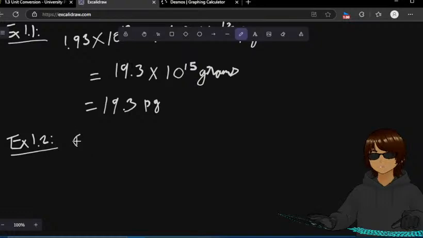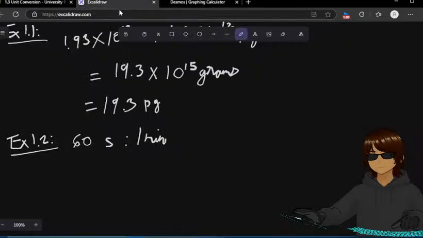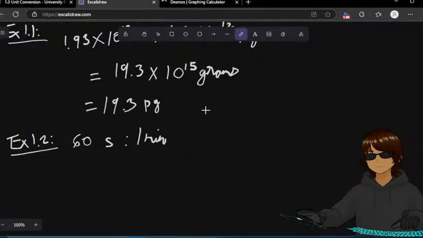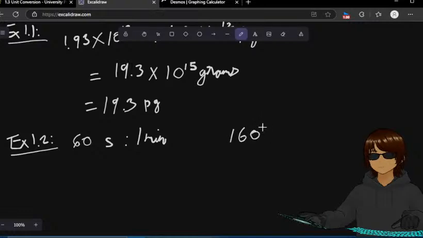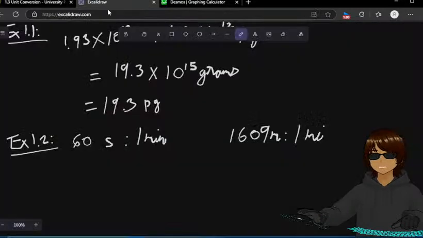Actually, let's do this. 60 minutes. 60 second is 1 minute. When will this load? What about the mile thing? 1609 meters in 1 mile. 9 meters in 1 mile. Right? And then 20 minutes.